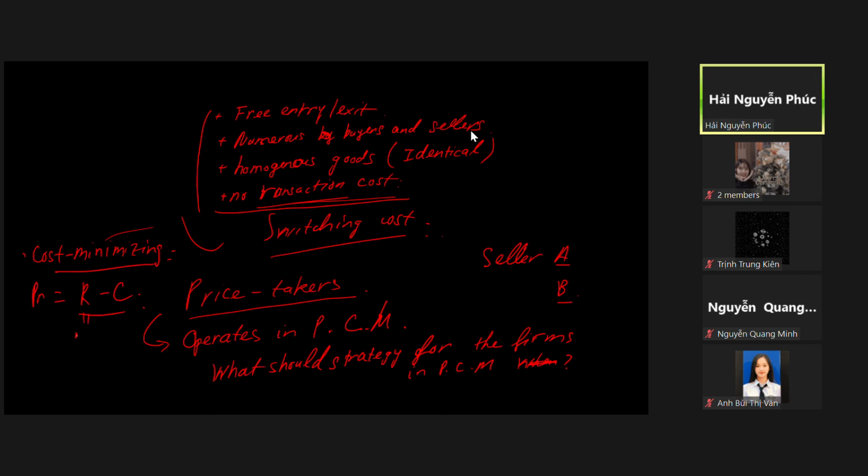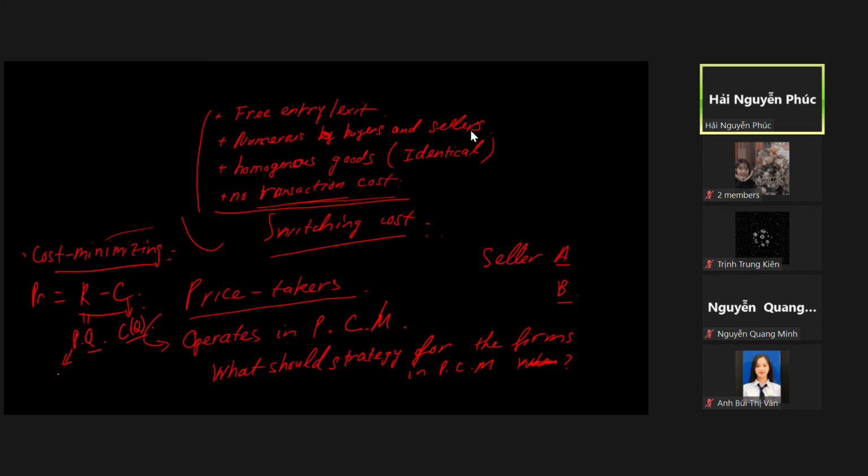Revenue thì bằng price times quantity. Vậy thì cost cũng được mô tả là một hàm phụ thuộc vào quantity. Đúng không?